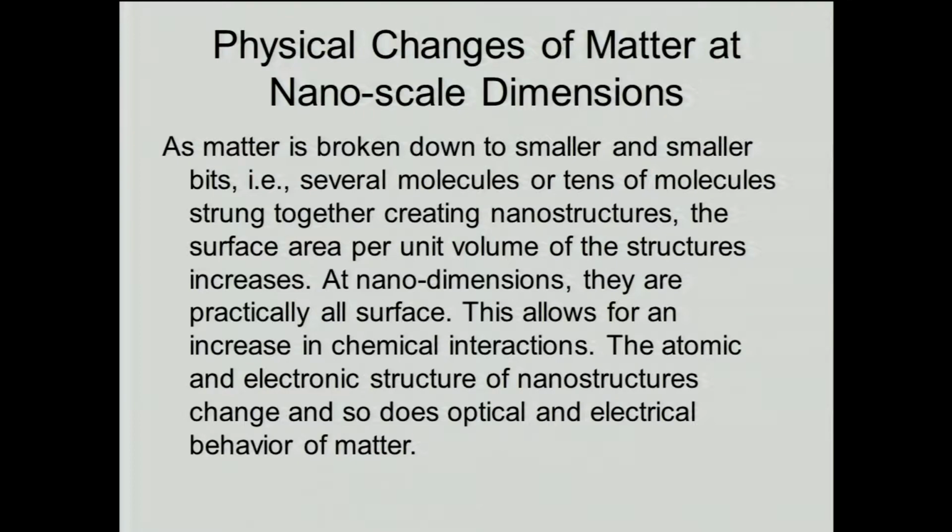For instance, what do we know of gold? What are some of the properties gold is known for? It has very good electrical properties. Anything else?